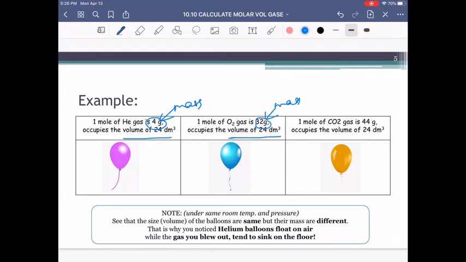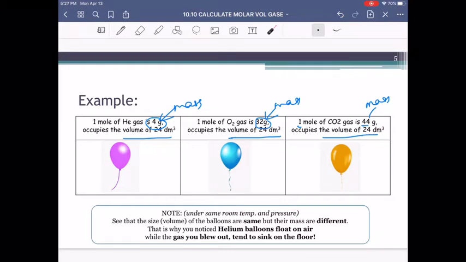Next, 1 mole of CO2, this is carbon dioxide. Carbon dioxide gas has the mass of 44 gram. So it also occupies the volume of 24 dm cube because it's also 1 mole. Here I put the note: under the same room temperature and pressure, these three have to be the same.